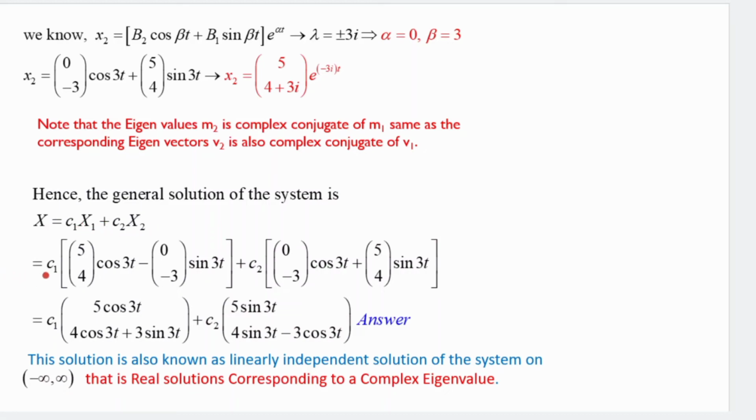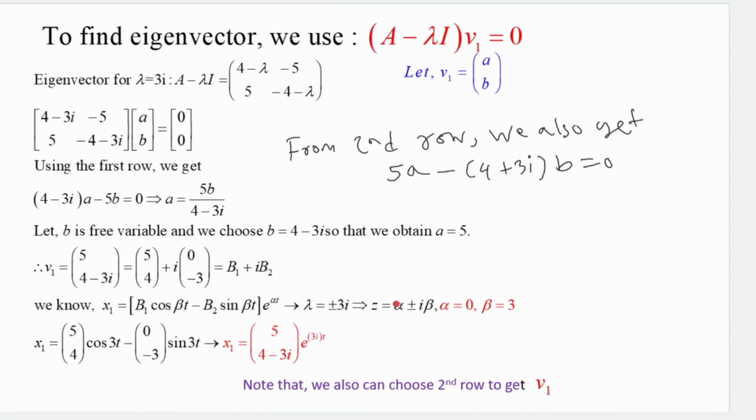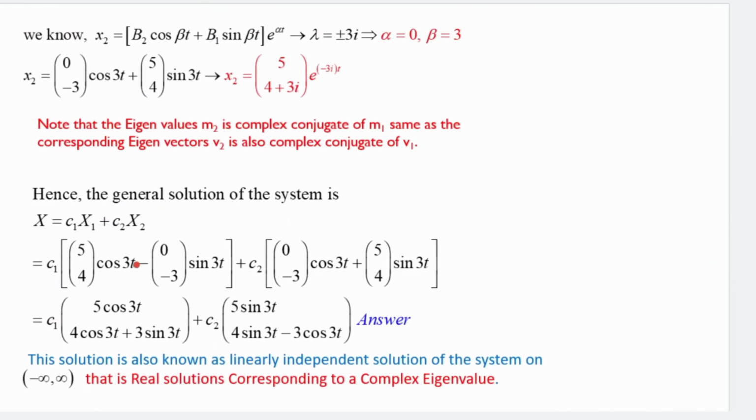Here C1 is an arbitrary constant, and I put x1 from here. Then C2 is an arbitrary constant, so I put x2 from here.